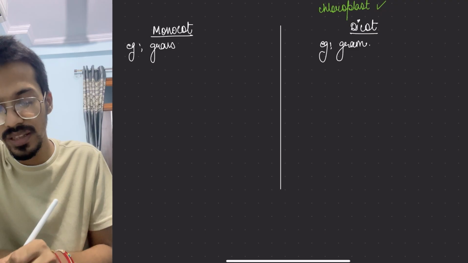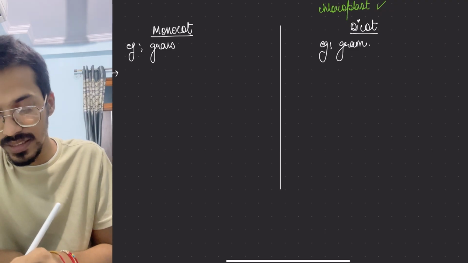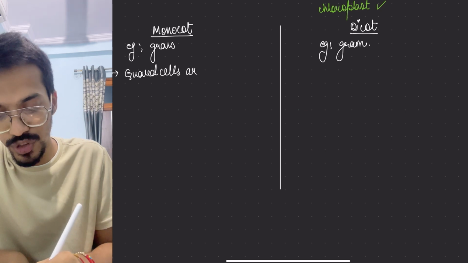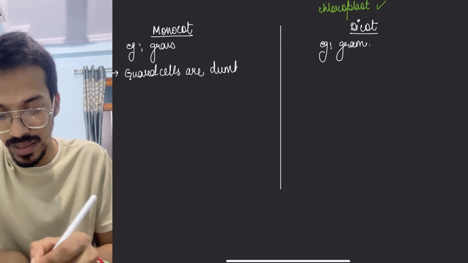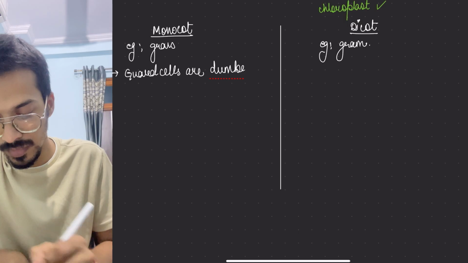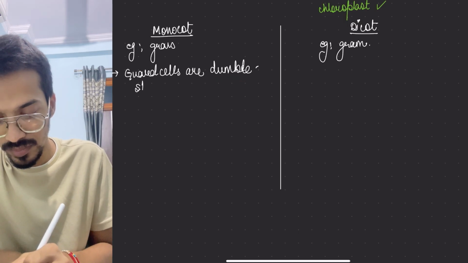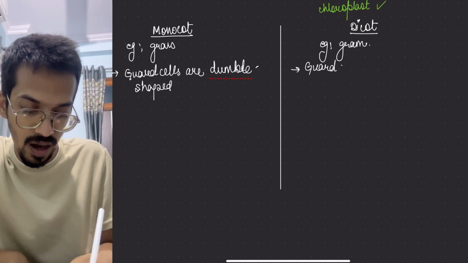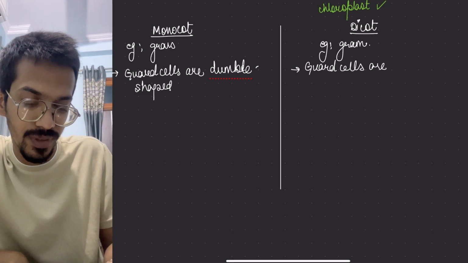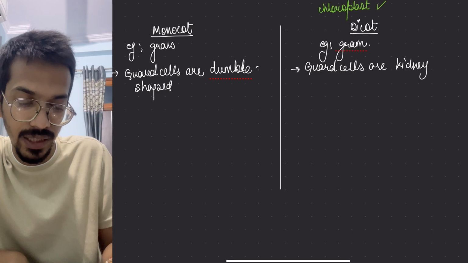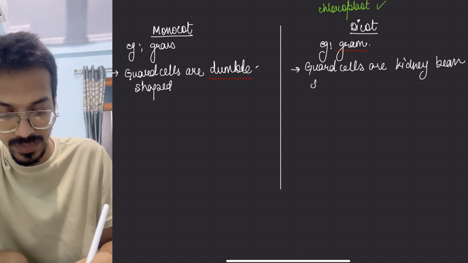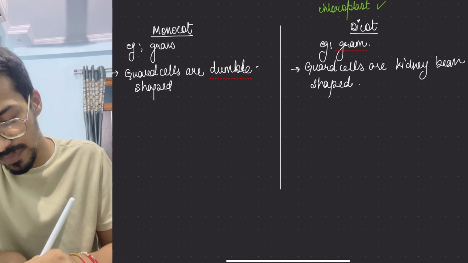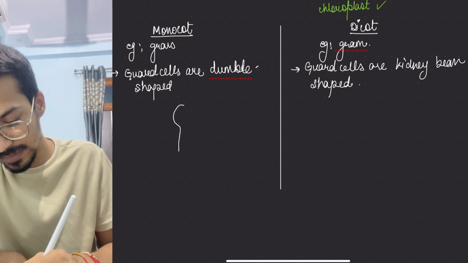So here in the monocots, the guard cells are dumbbell shaped, whereas here in dicots the guard cells are kidney bean shaped. So this is also a fact. This is how the dumbbell shape will look.